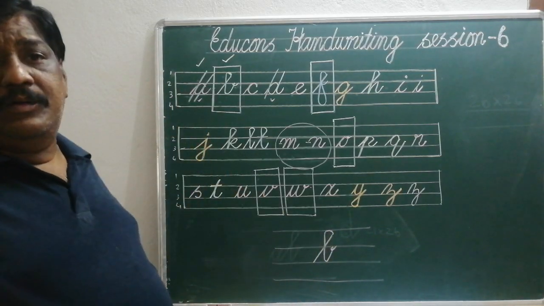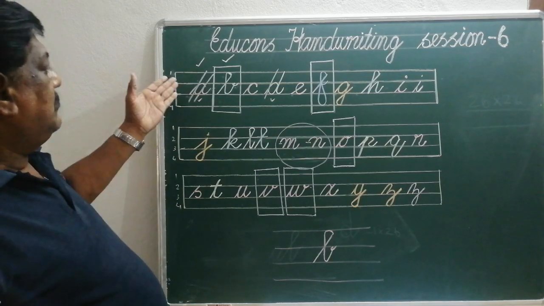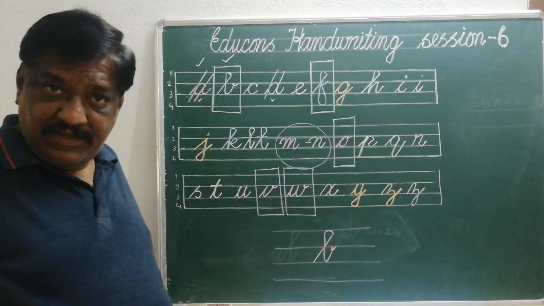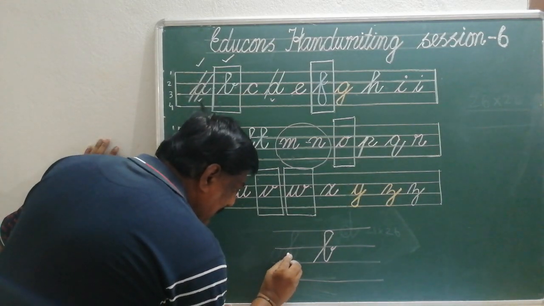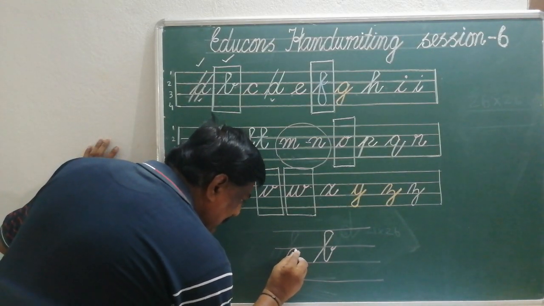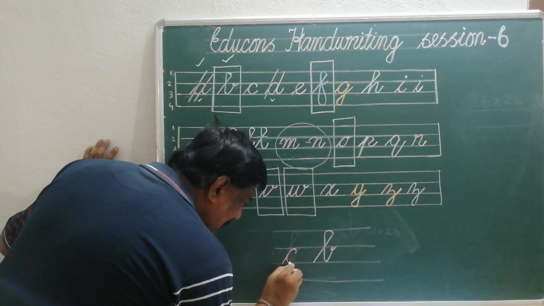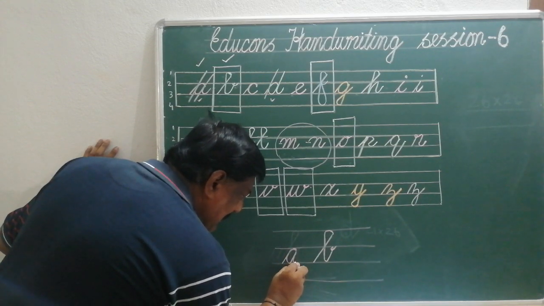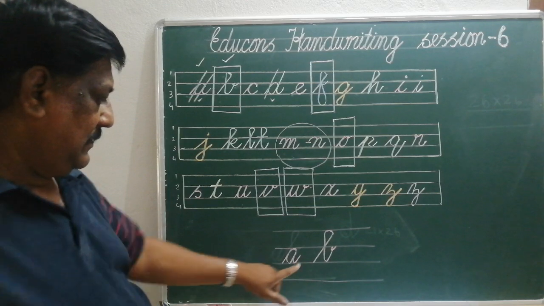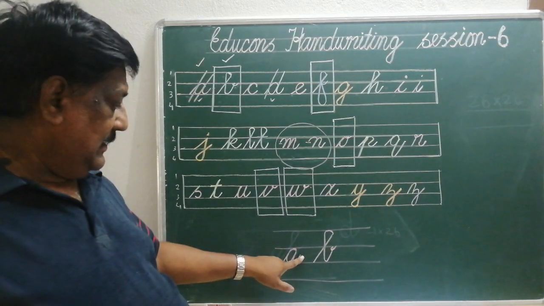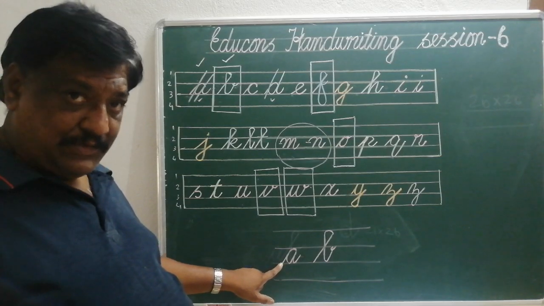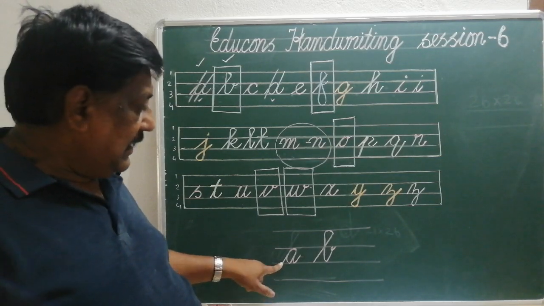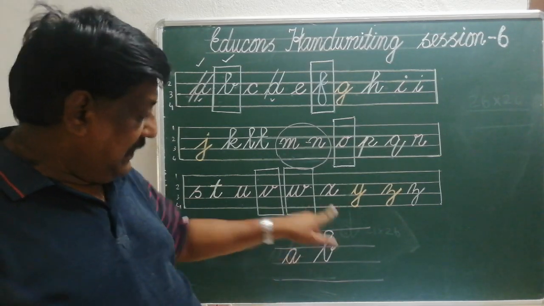Now what letter do you want to connect? Say for example A, I want to connect A. Now see, the A starts from here. It goes like this, comes like this, goes like this, and ends here. But I am going to connect this, and this letter should start from the third line. But already we are in the second line.